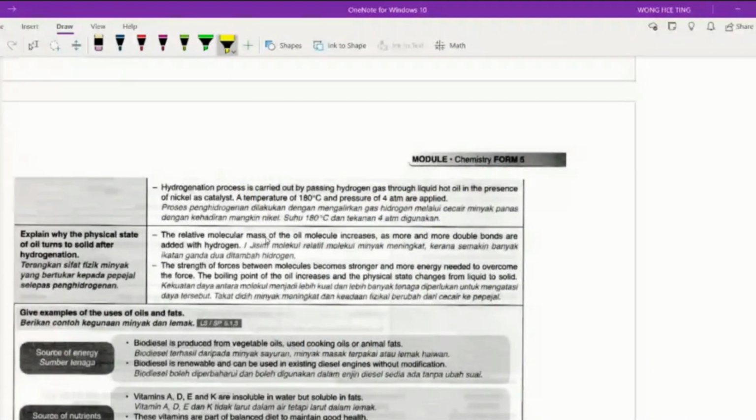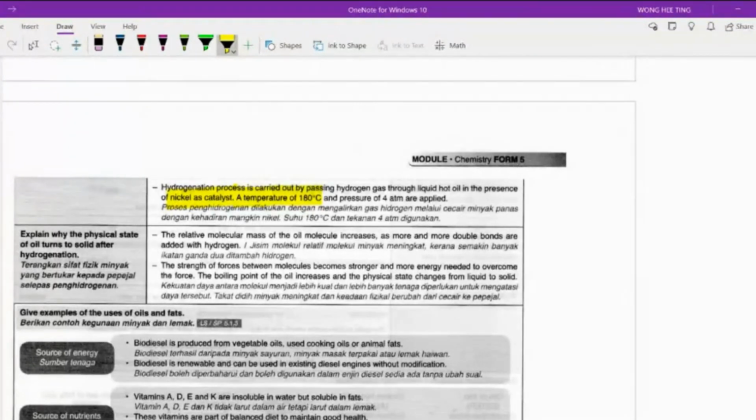The hydrogenation process is carried out by passing hydrogen gas through the hot liquid oil in the presence of nickel as a catalyst. The temperature is 180, pressure 4 atmospheric pressure, but normally we focus on temperature and nickel as a catalyst. Now, explain why the physical state of oil turns into solid after hydrogenation.